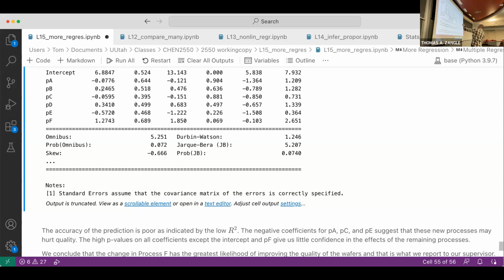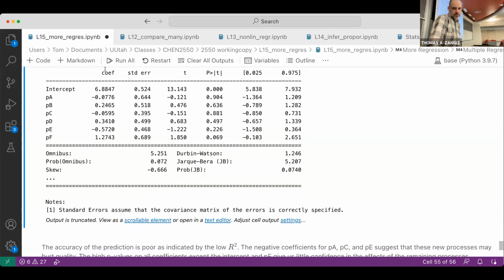However, the low R squared and the high p-values on all the coefficients give us little confidence in most of these results, right? So aside from the intercept, we see that we have relatively high p-values, meaning we cannot say with much significance that these are having that kind of an impact.